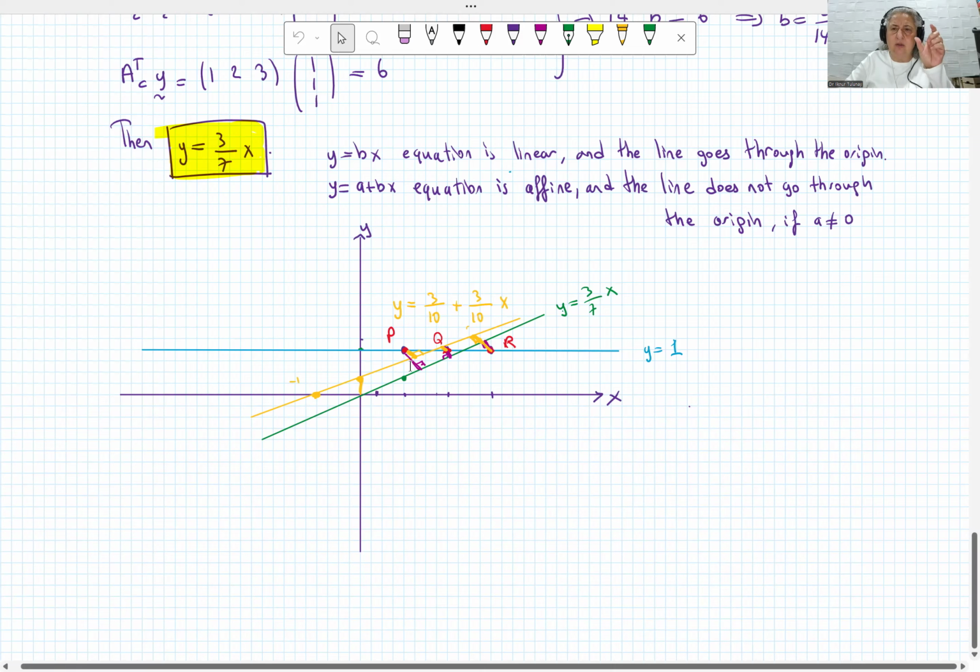So you get those perpendicular distances and sum them up. Those distances are minimum, and that minimum gives you this line.